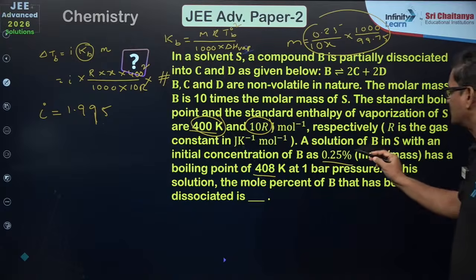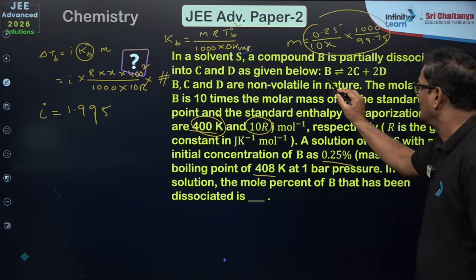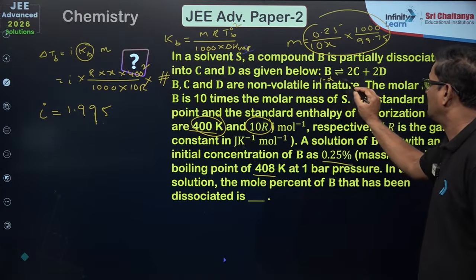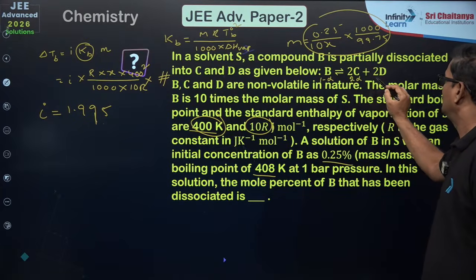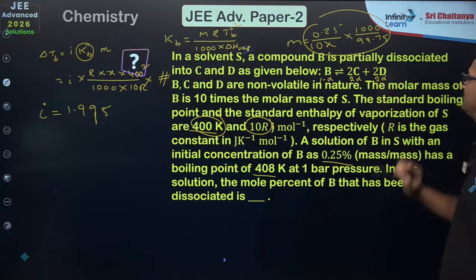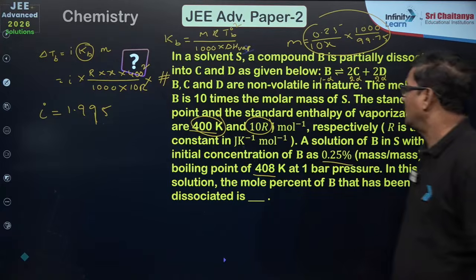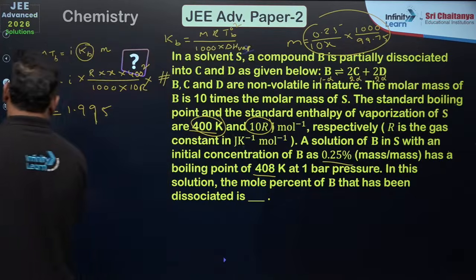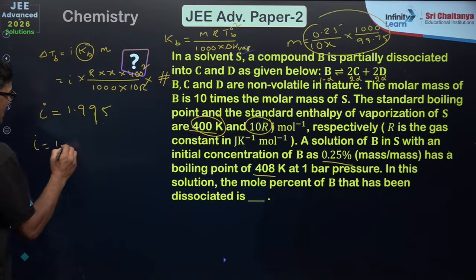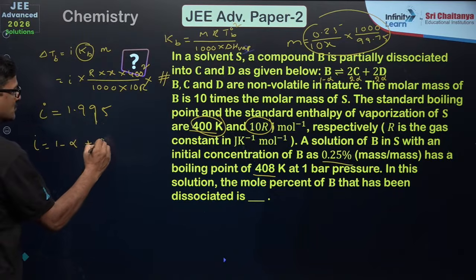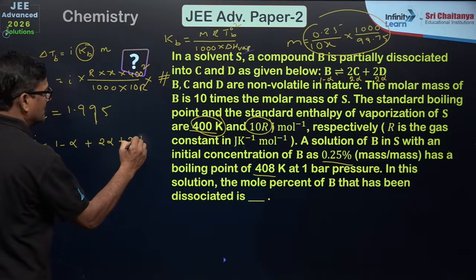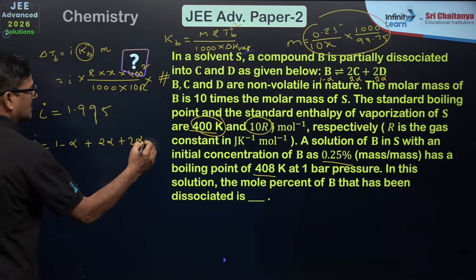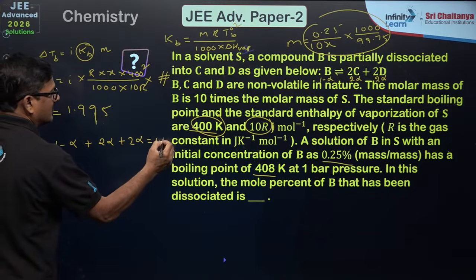So 1 minus alpha, 2 alpha and 2 alpha. So the i value is going to be 1 minus alpha plus 2 alpha plus 2 alpha, equated with 1.995.